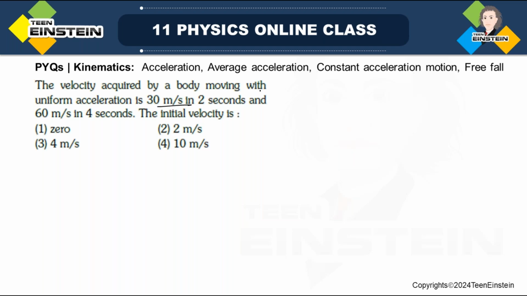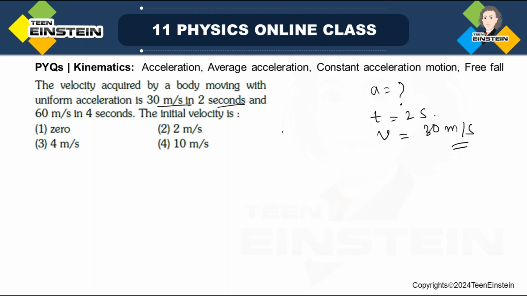The velocity acquired by a body moving with uniform acceleration is 30 meter per second in 2 seconds. Acceleration is not given. The body is moving with uniform acceleration, t is given as 2 seconds, and the velocity acquired by the body is 30 meter per second.